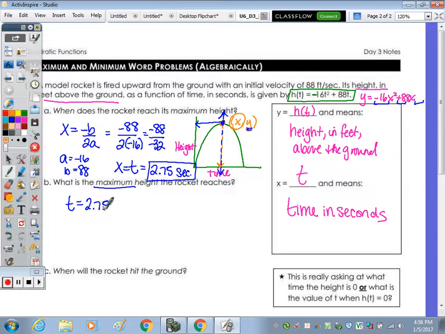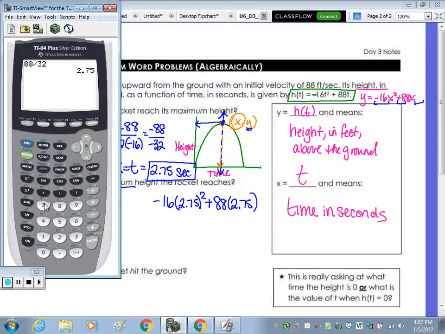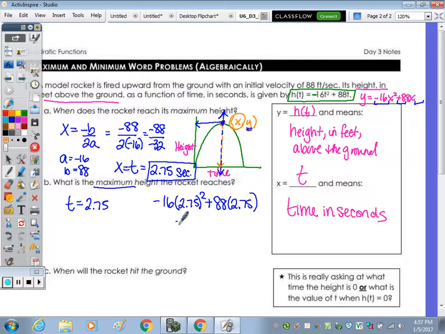So to evaluate, it would be negative 16 times 2.75 squared plus 88 times 2.75. Okay, doing the calculations, doing the math, let's go to the calculator. 2.75 squared is 7.5625 times negative 16 is negative 121.